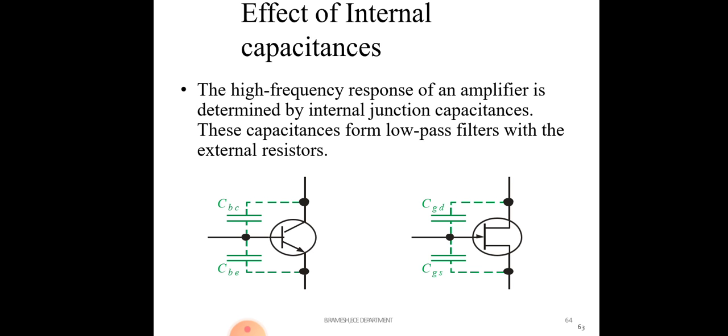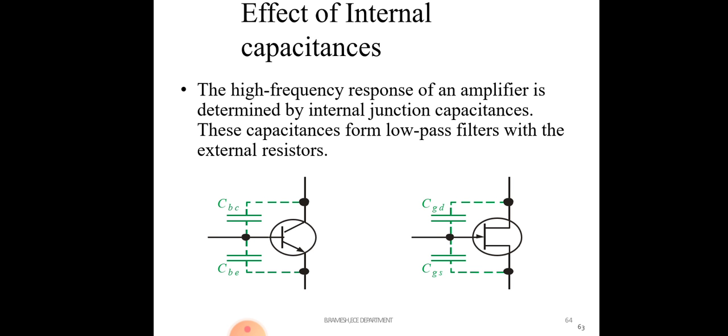But now when you increase the frequency, the high frequency response of the amplifier is determined by the internal junction capacitance. This capacitance forms a low pass filter with the external resistance. A low pass filter allows only low frequency and attenuates the high frequency.